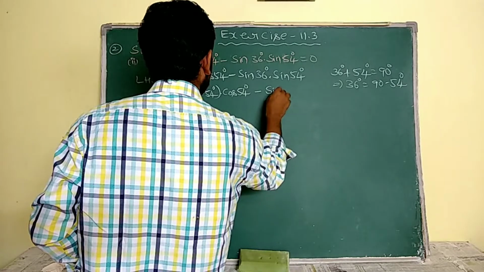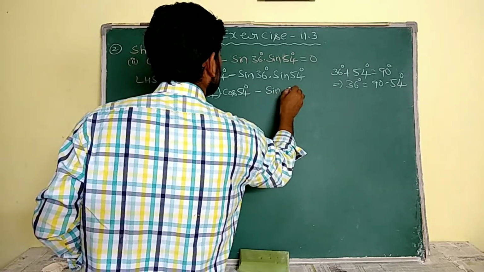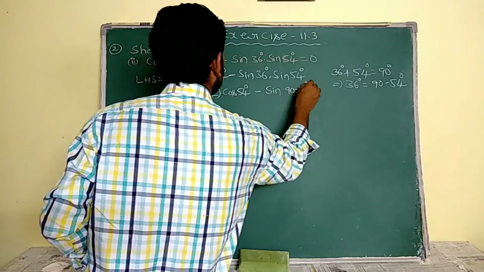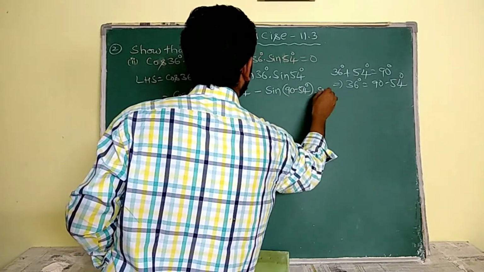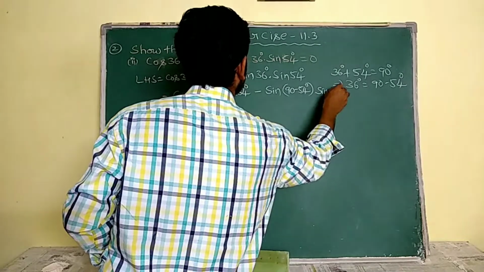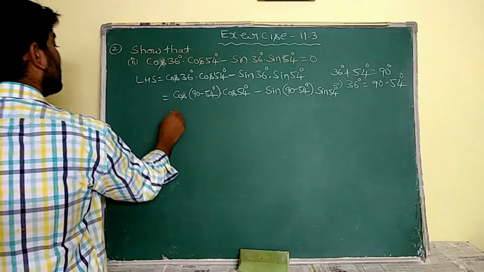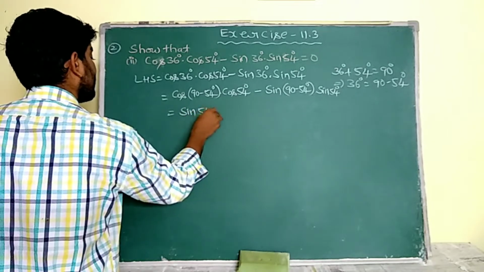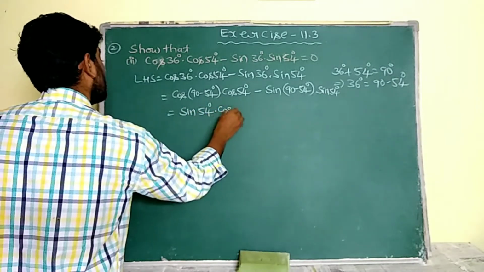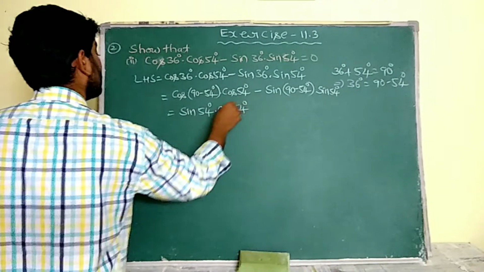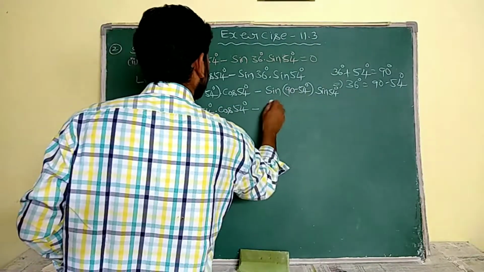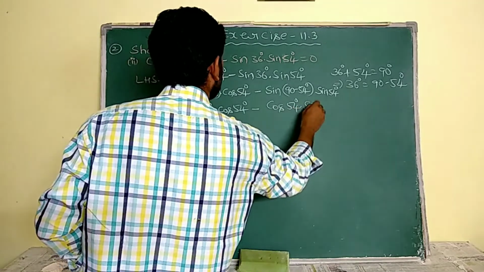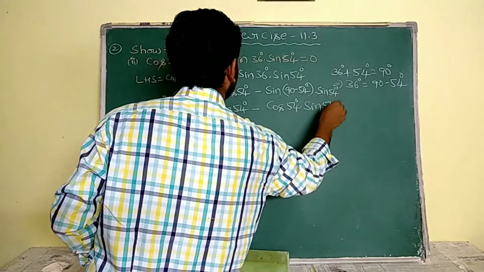Okay, the term also I am going to change to the same 36 degrees. Okay, 54 degrees into sin 54 degrees. See here, cos(90 minus theta), we know that is sin theta, so it is sin 54 degrees into cos 54 degrees minus sin(90 minus theta), we know that is cos theta, into sin 54 degrees.